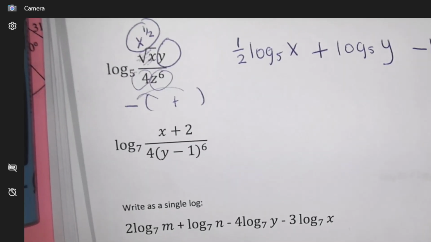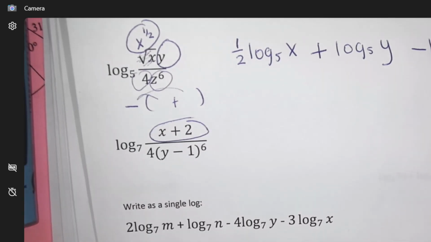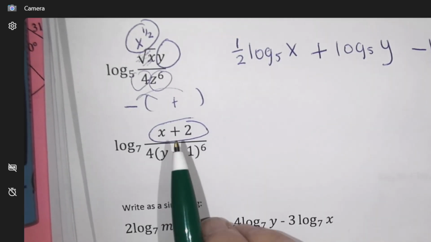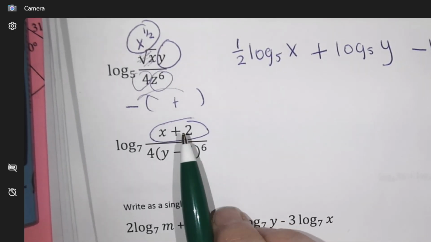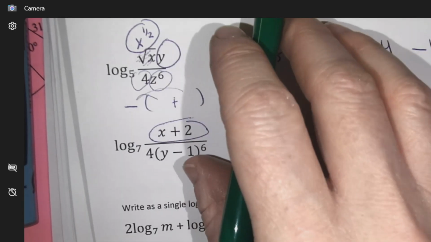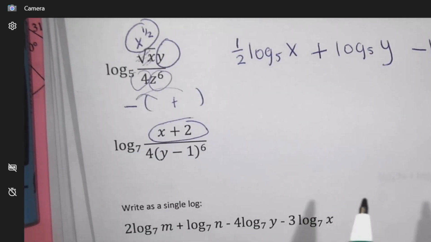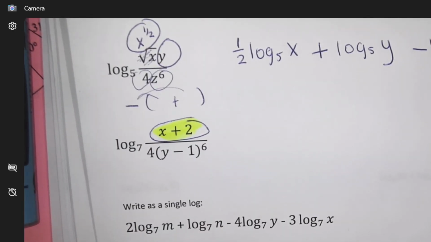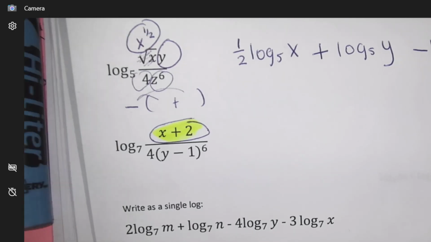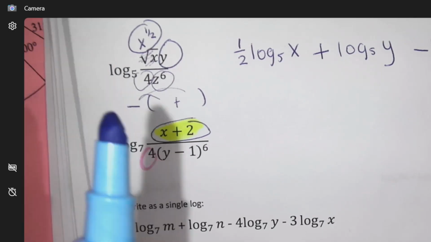Okay, how many items do I have here? So this is treated as one item. You can't separate x and 2 because they are added together. Do we have a rule about separating adders? No. So that's its own thing. The 4 is its own thing.